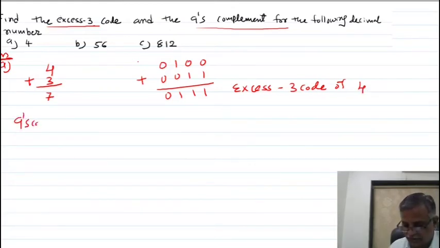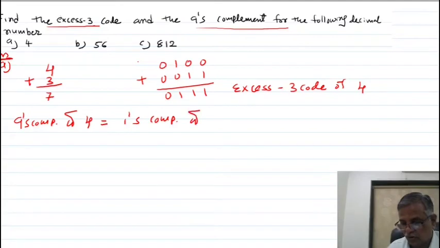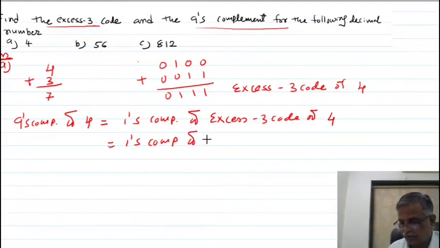9's complement of 4 is equal to first complement of XS3 code of 4. So first complement of 0111 I have to find.